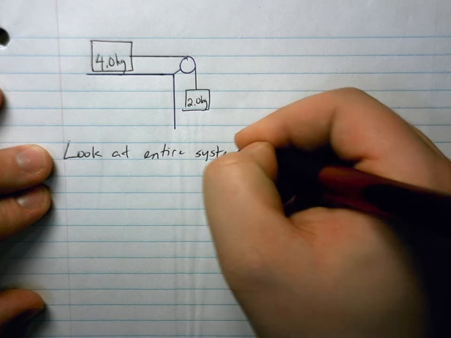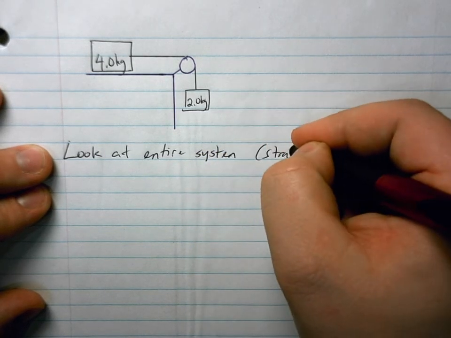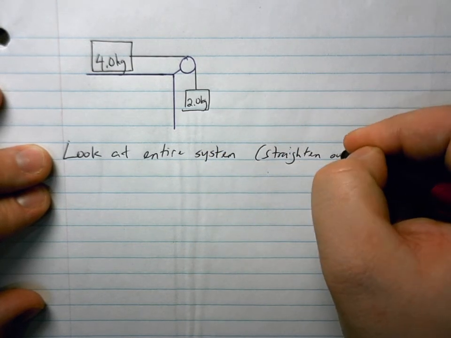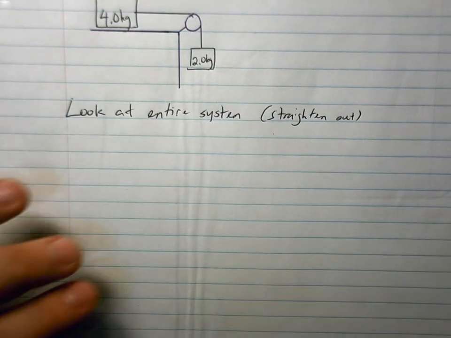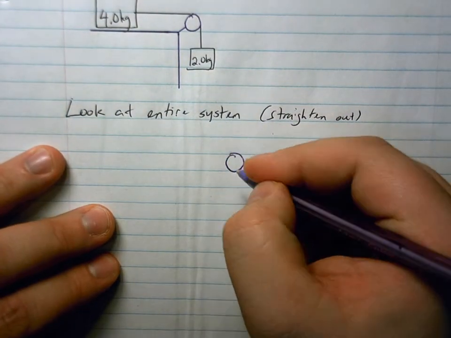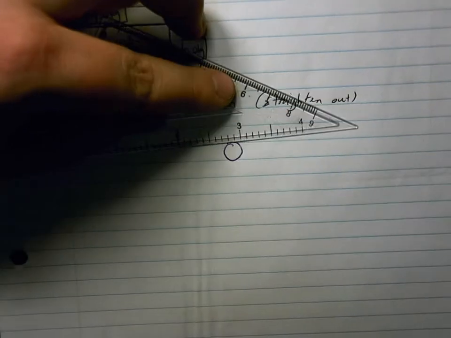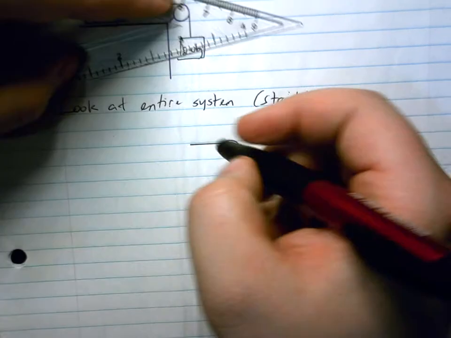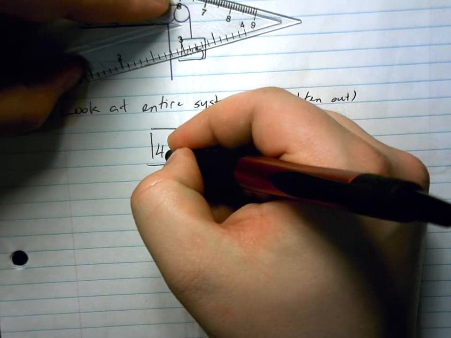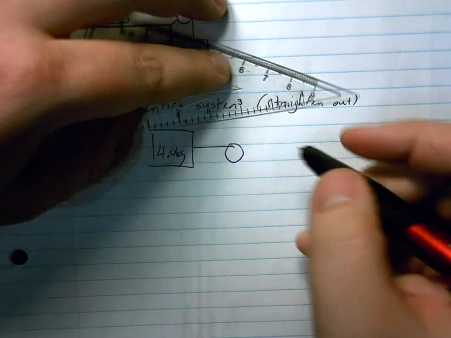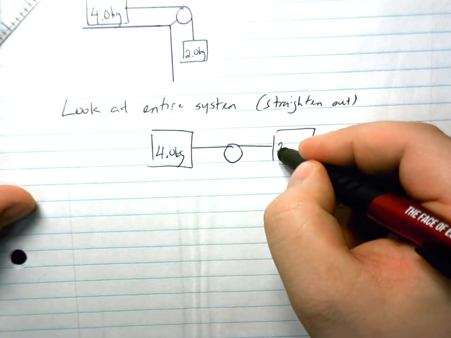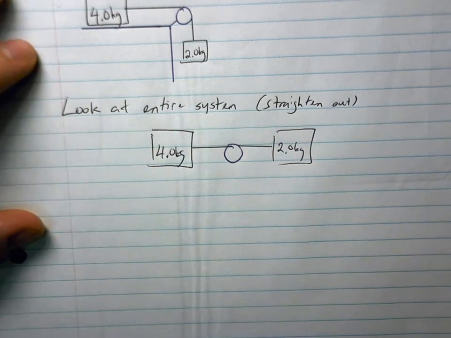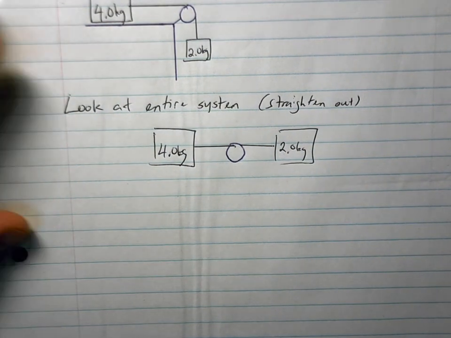But I'm going to straighten this out. So we're going to straighten this whole thing out. What that means is I'm still going to have my pulley in the center here, and then I'm still going to have my 4 kilogram mass to the left here, and I'm going to have my 2 kilogram mass on the right.